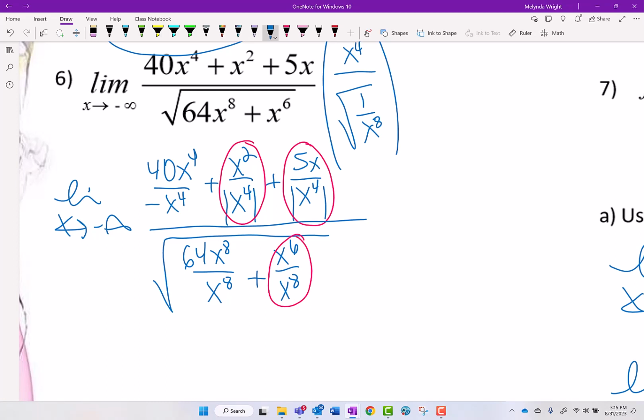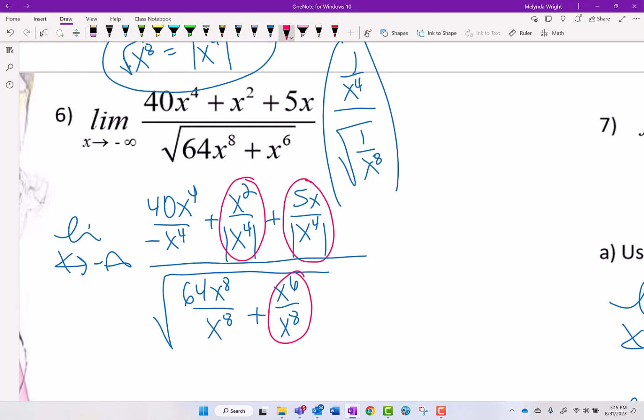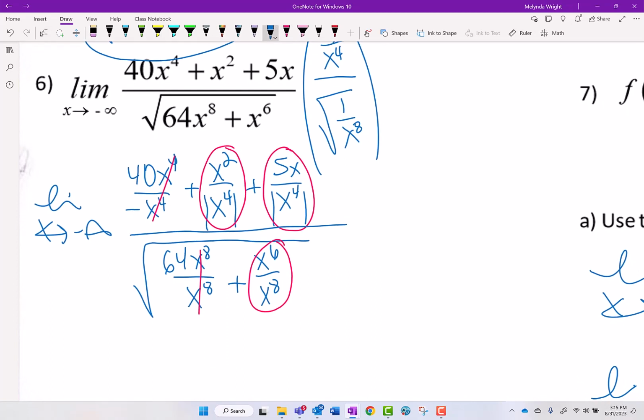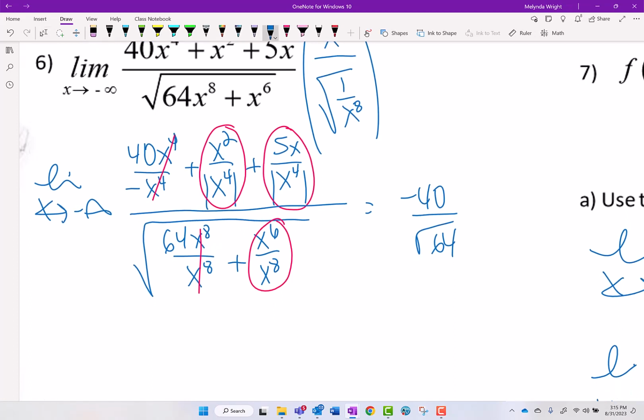That's really the only weirdness that we have, is that one thing. The rest of it is just, plus it's a radical, that's weird. Okay, so this goes to 1 and this goes to 1. So my answer is negative 40 over the square root of 64, which is negative 40 over 8, which is negative 5.